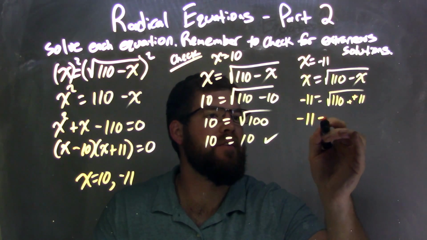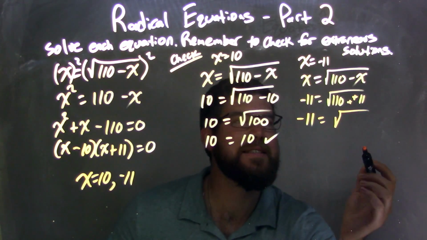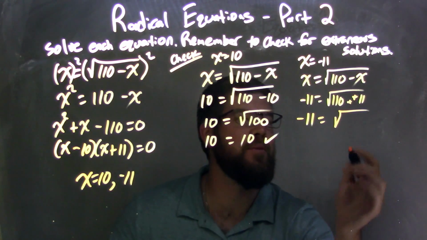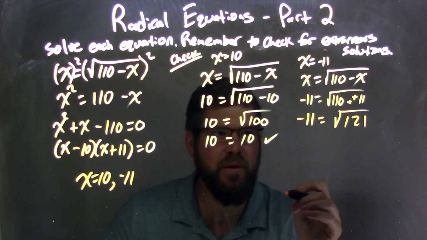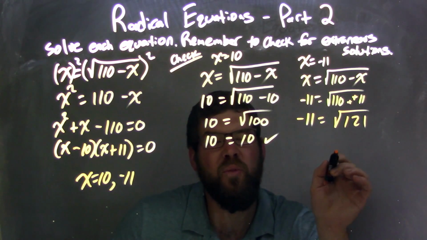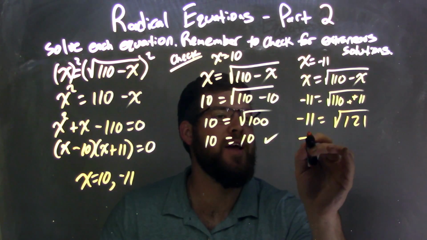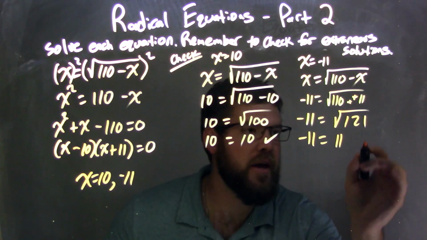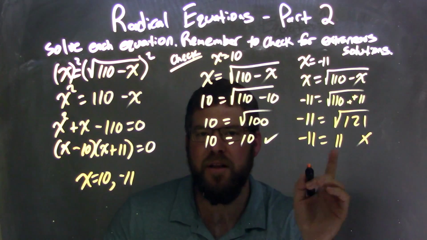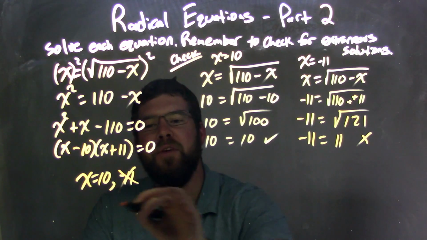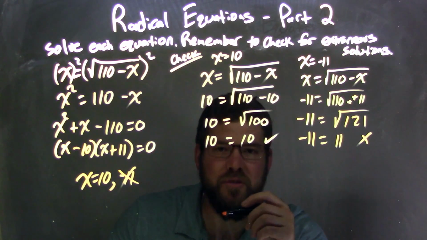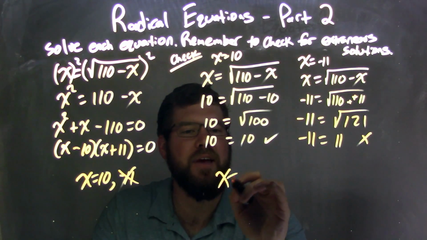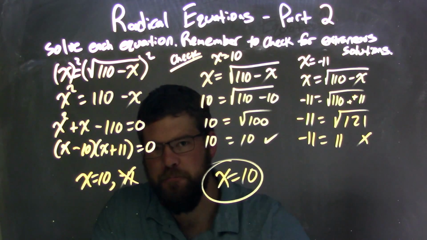So we have negative 11 equals the square root of 110 plus a positive 11, which is 121. The square root of 121 is just 11, so we have negative 11 equals 11. Oh, not the same, right? Negative 11 and positive 11 are not the same. That means that negative 11 is an extraneous solution. So my only real solution here is x equals 10.